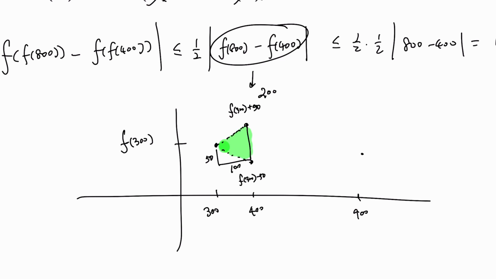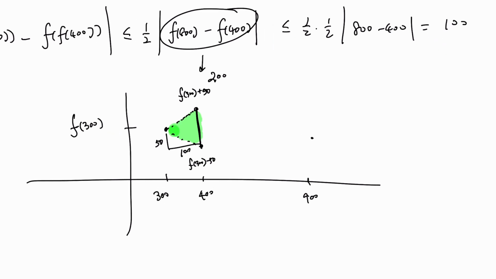So all of these y values are achievable for f of 400. Similarly, for 900, if we have 800 over here, the achievable range is within this yellow range that I have highlighted, all between f of 300 plus 50 and f of 300 minus 50.